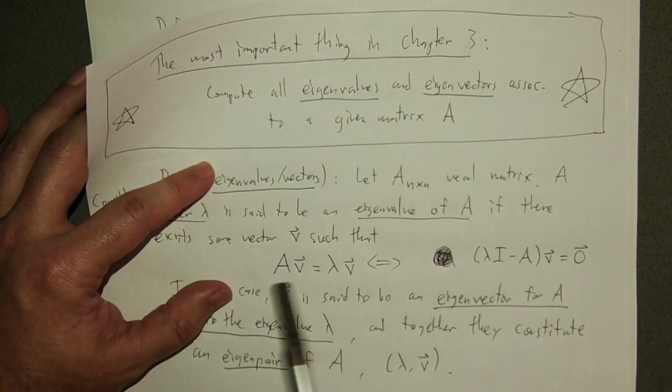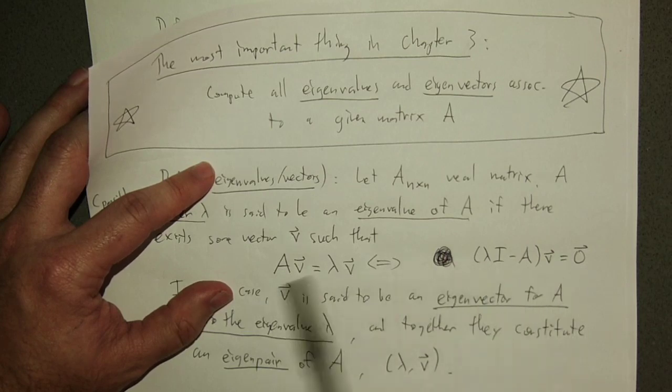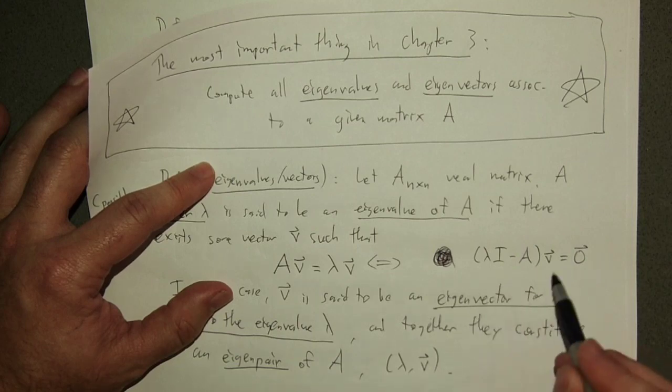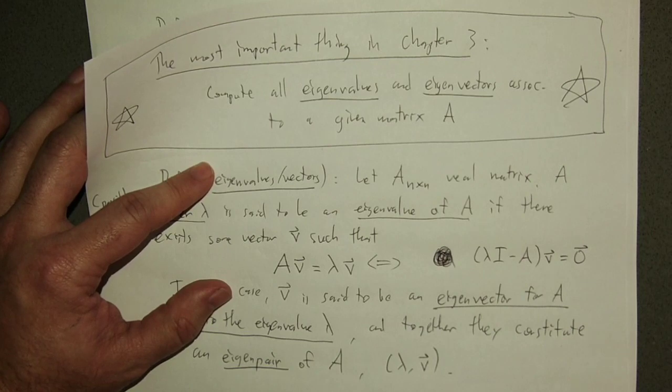Looking for a solution, say v, to this equation for some lambda value is equivalent to wanting a non-trivial solution to this. When I say non-trivial, I mean not the 0 vector. By convention, we are going to consider the 0 vector to never be an eigenvector for some eigenvalue.